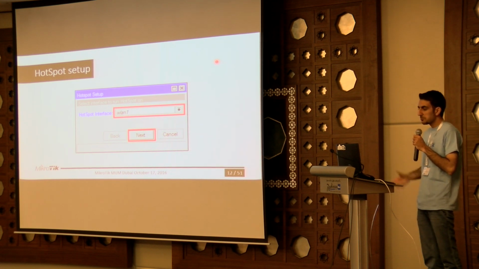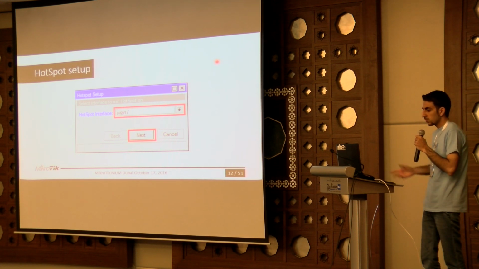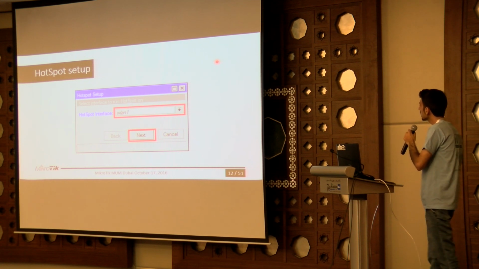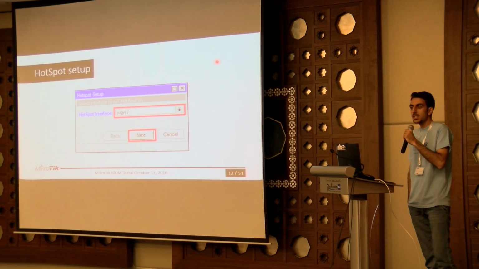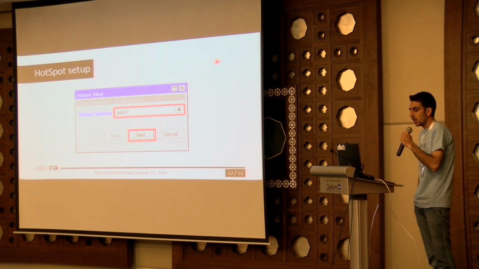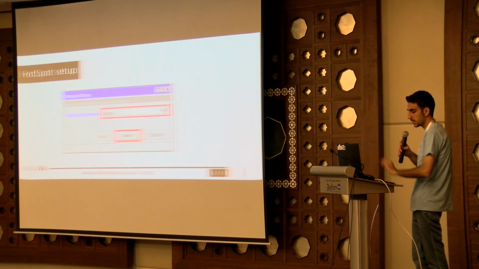The wizard is very simple and very good. At the first step, we select the interface for hotspot, which is the interface that hotspot runs on, for example, WLAN 1, and click on next.